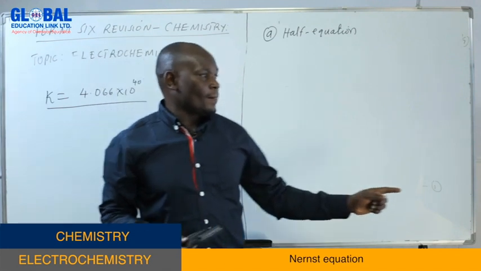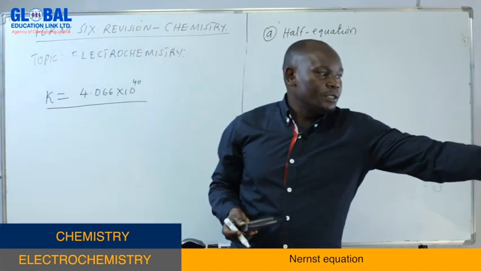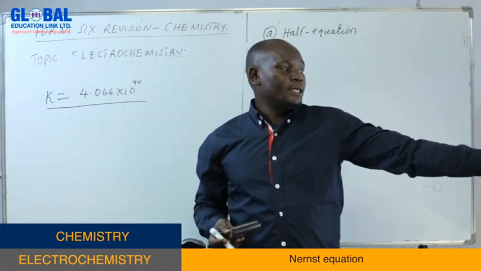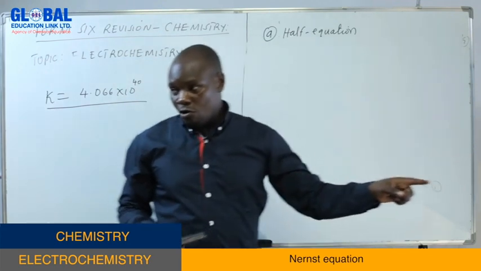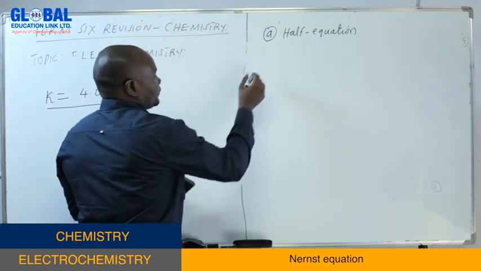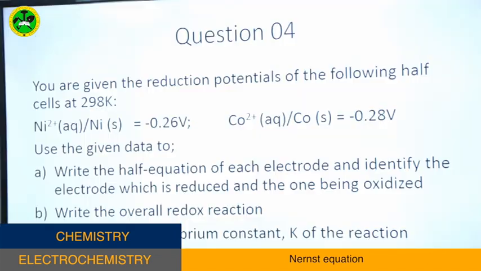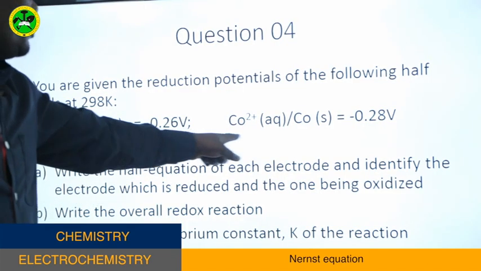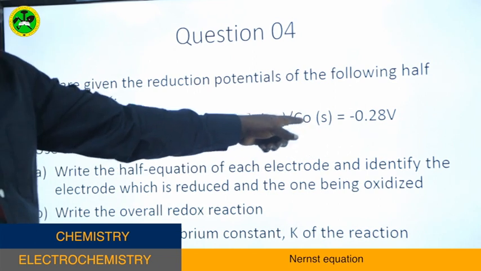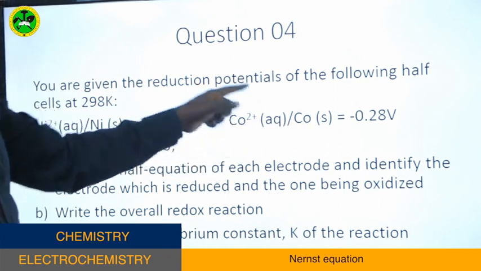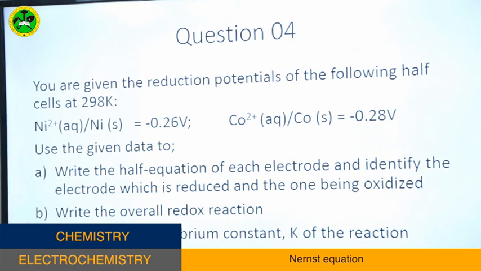So here, cobalt is the one with more negative potential, so it is the electrode that will undergo oxidation. So cobalt undergoes oxidation into cobalt 2 ions, plus 2 electrons. So nickel is the one that undergoes reduction.